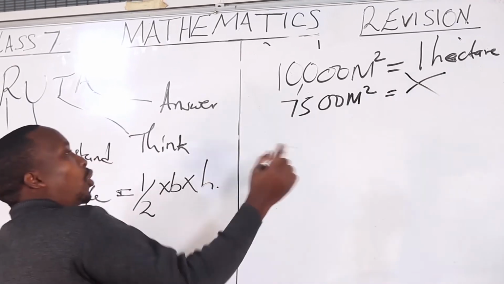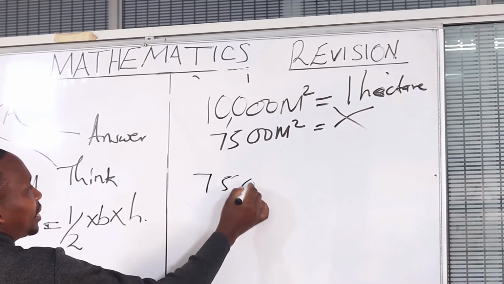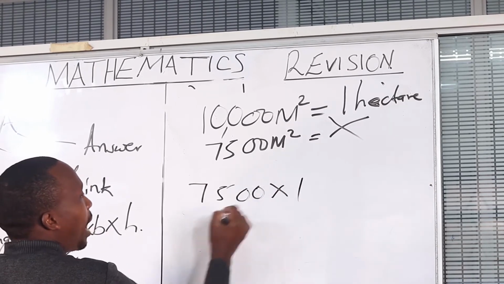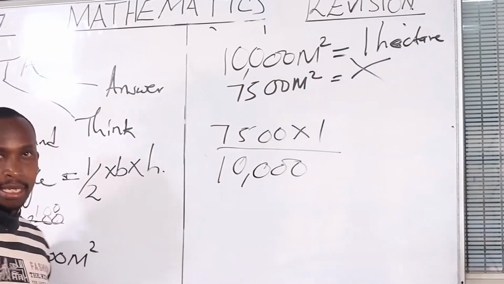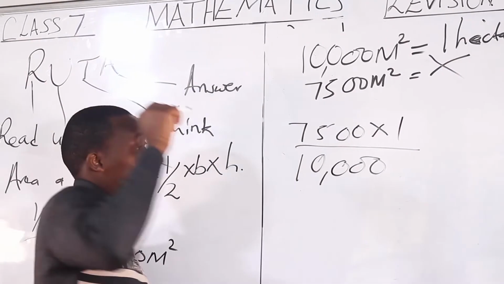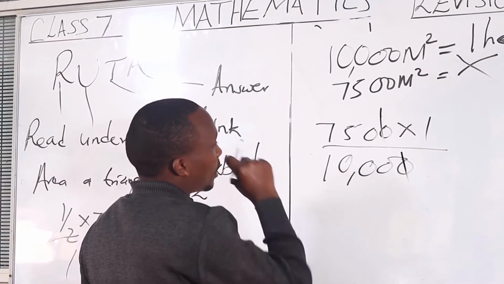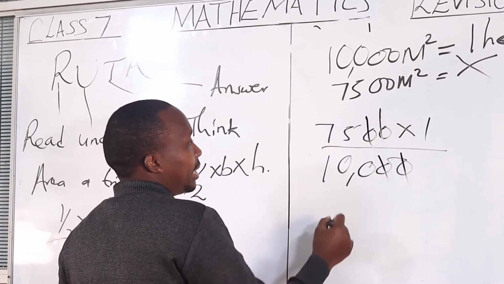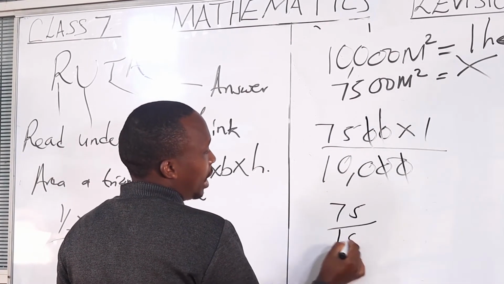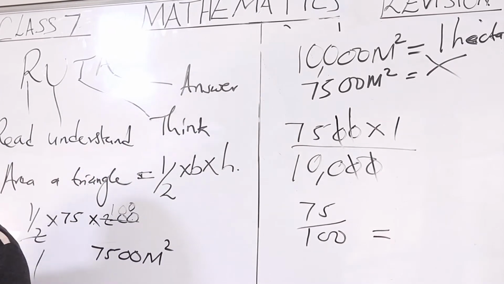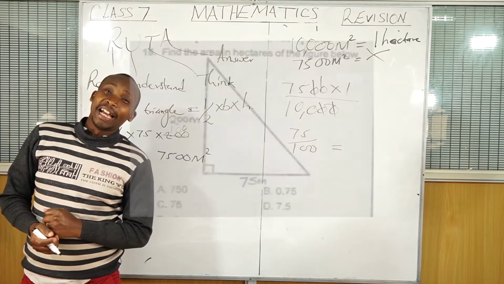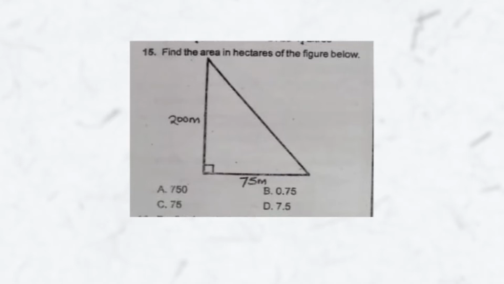How many hectares? You cross multiply. That is 7,500 over 10,000. We cancel the zeros, that is 75 over 100. Who can give us this figure as a decimal? Class 5 work? Yes, very good. That is 0.75.